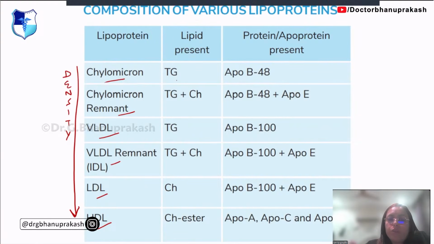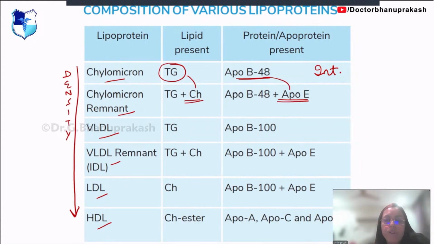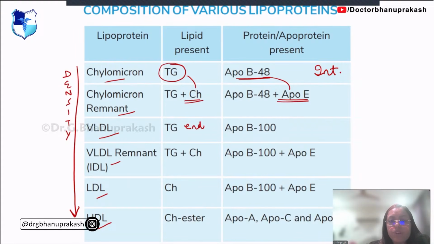Now chylomicron is synthesized in intestine. It has only triglyceride and the protein is ApoB48. Okay. Always for remnant, you add cholesterol here, you add ApoE here. So TG plus cholesterol, ApoB48 plus ApoE, right? Then VLDL has endogenous triglyceride.